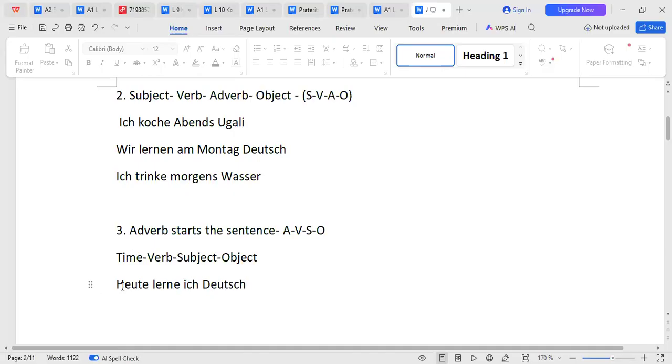Heute means today. Heute lerne ich Deutsch. Heute oder jetzt lerne ich Deutsch. Heute esse ich Ugali.